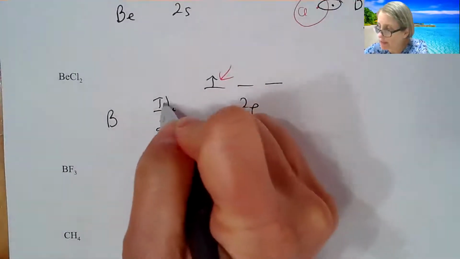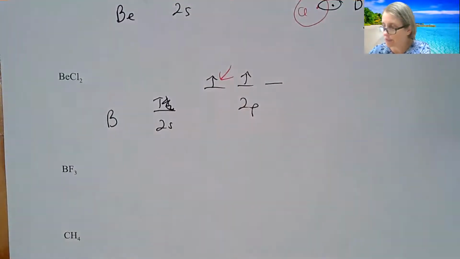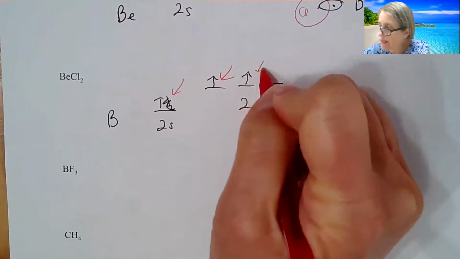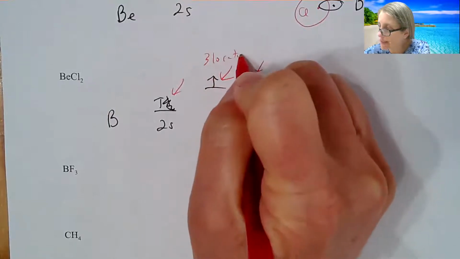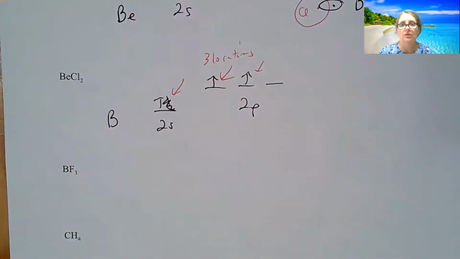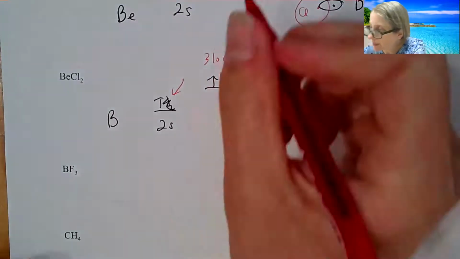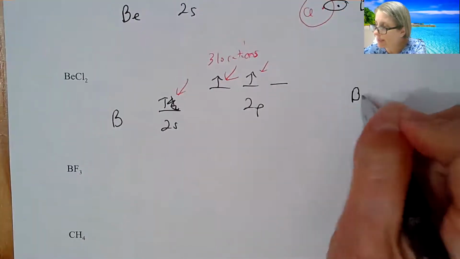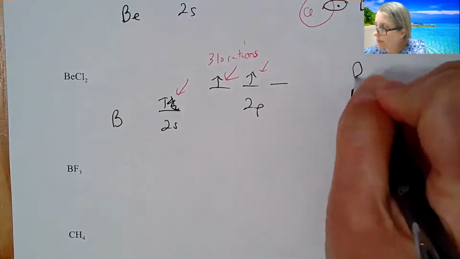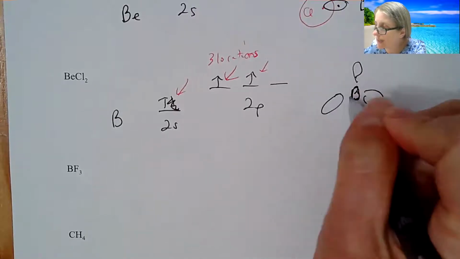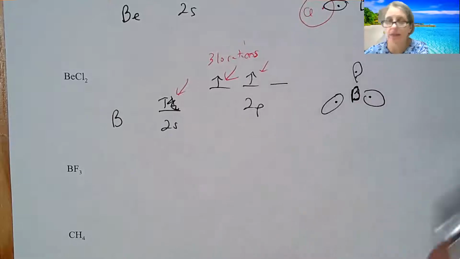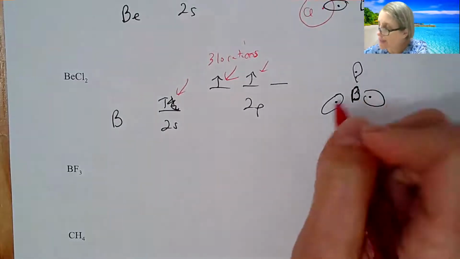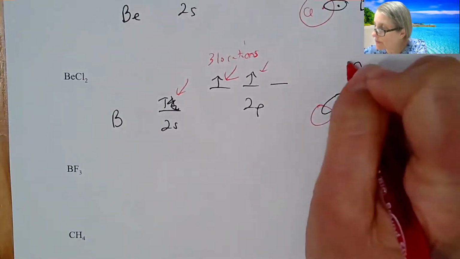So what happens is, again, we are going to move those electrons. So now I have 3 locations around that central atom. If I put boron in the middle and I put 3 lobes around it and put 1 electron in each one of those lobes, I then have a place for a bond to form.